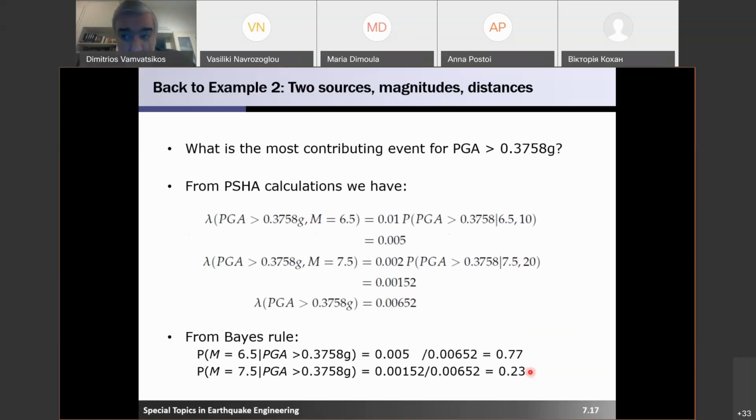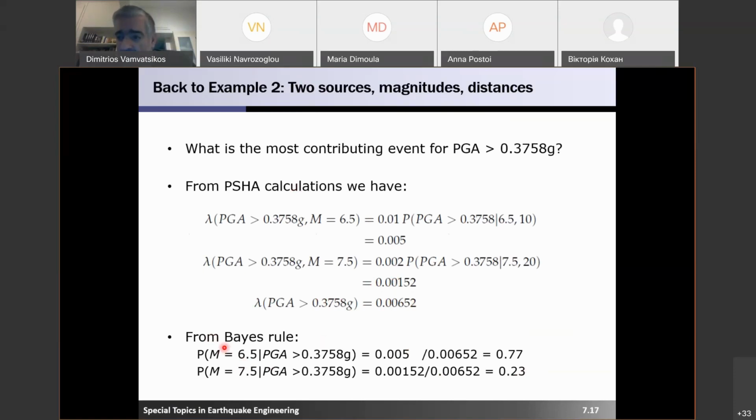And hopefully no surprise that the two add up to 1. So all you've done is renormalize everything. You took a specific scenario, the scenario of exceeding 0.36 g, and then you renormalized all the contributing events to that by its rate.